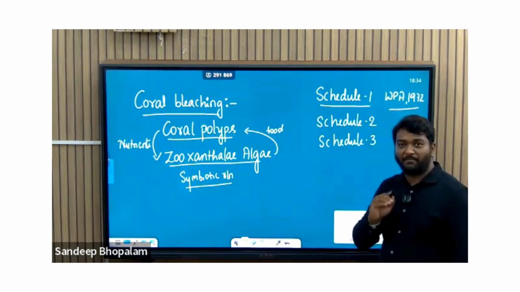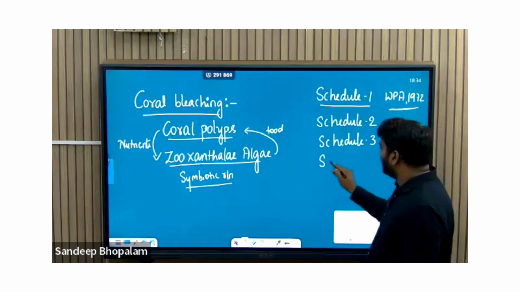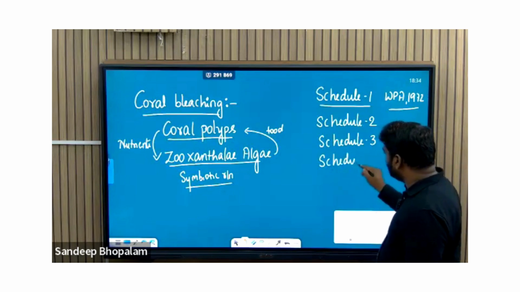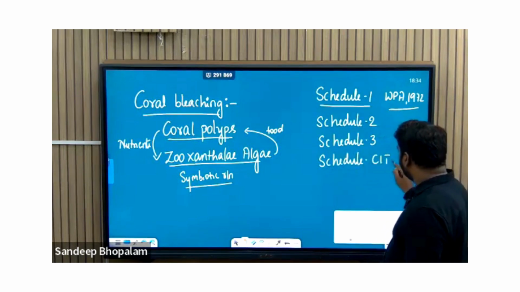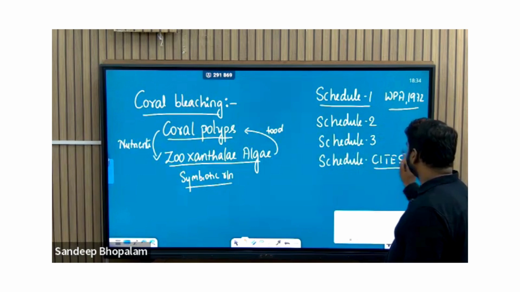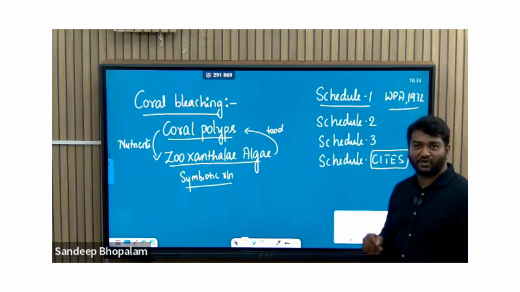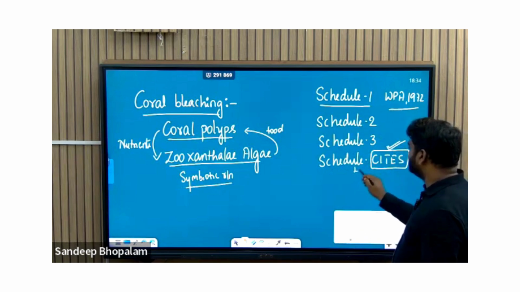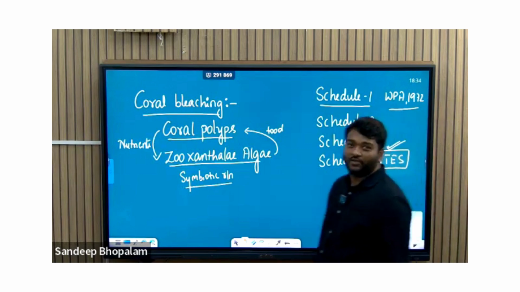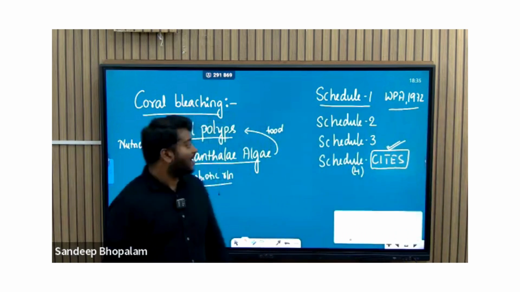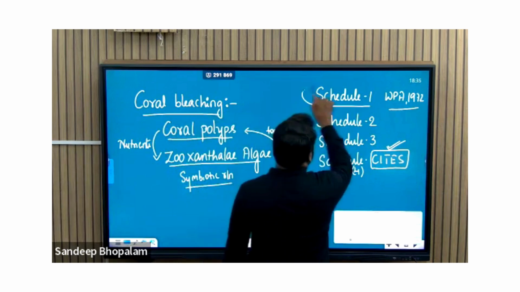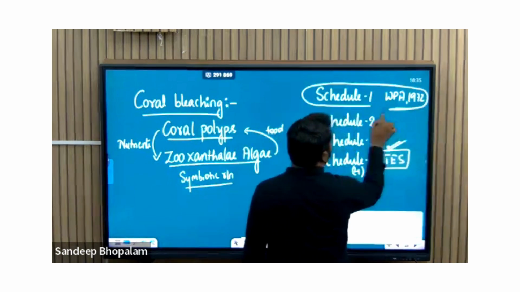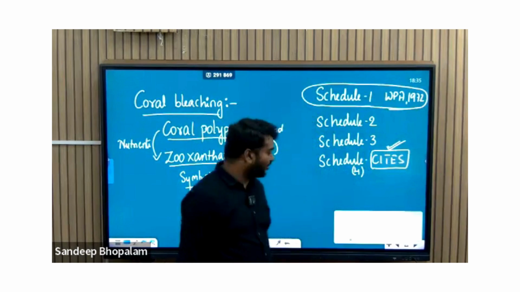Any animal which we want to protect under CITES, there is an organization called CITES, is kept under Schedule 4. So we basically have 4 schedules. Out of these, WPA 1972, Schedule 1 looks into it.